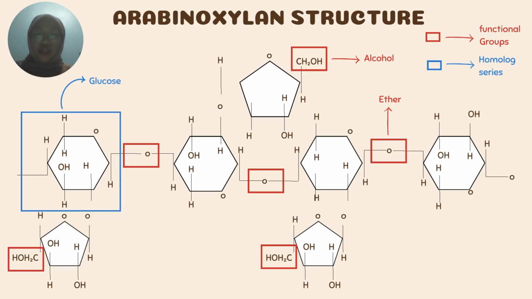Both of these are in the groups of functional groups. And the homologous series inside this arabinoxylan structure is glucose. I divided them with a blue box for the homologous series and a red box for functional groups.